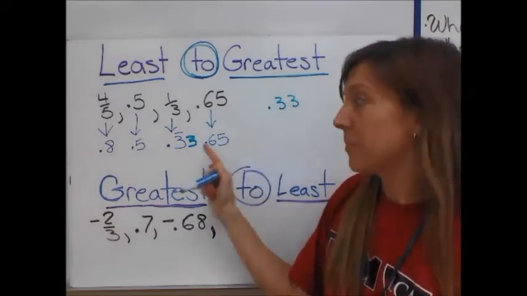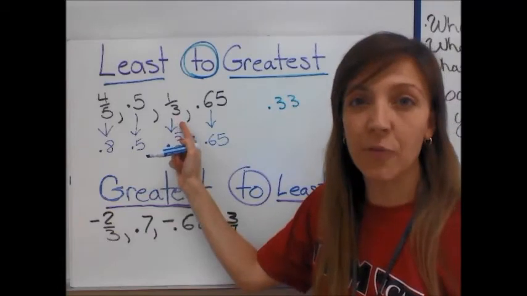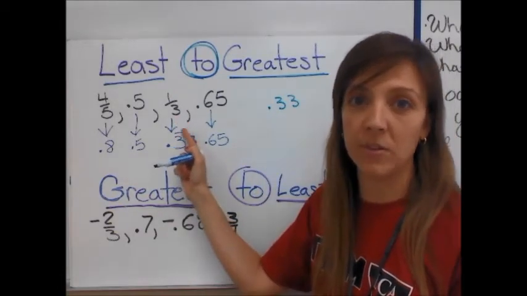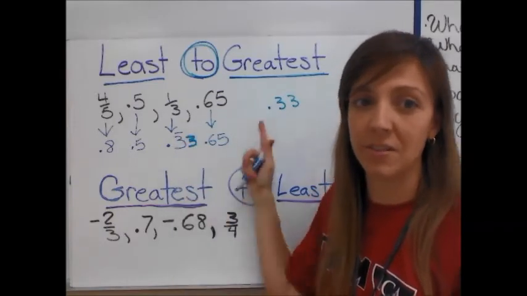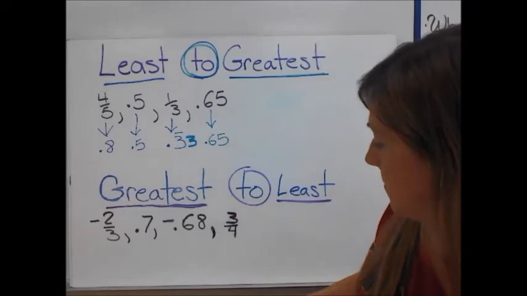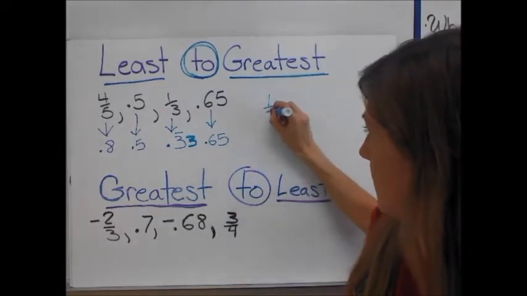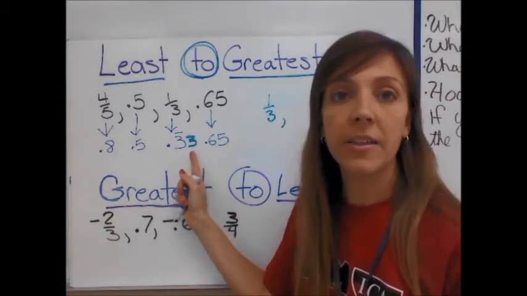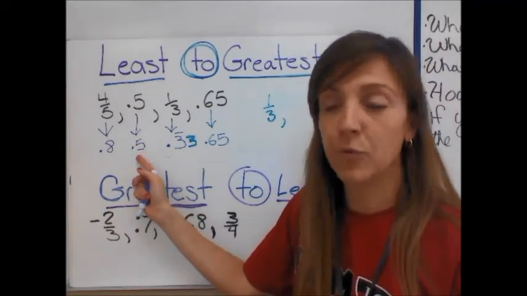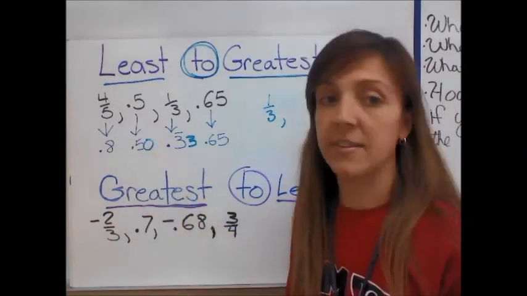Since it was originally in the form of a fraction, I don't want to write it as a decimal. I want to write it in the form that it was originally. So I need to write 1/3 instead of 0.33. Okay, the next smallest number would be 0.7, which would be 70 cents.